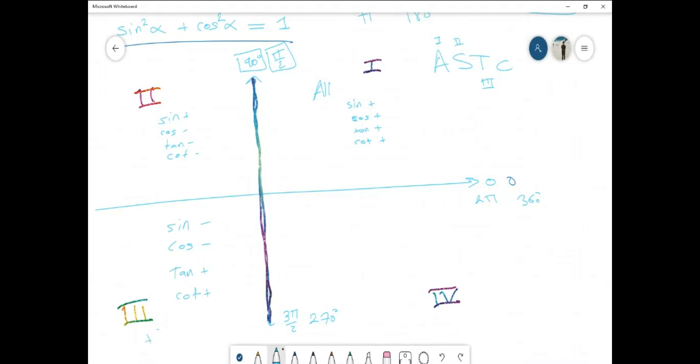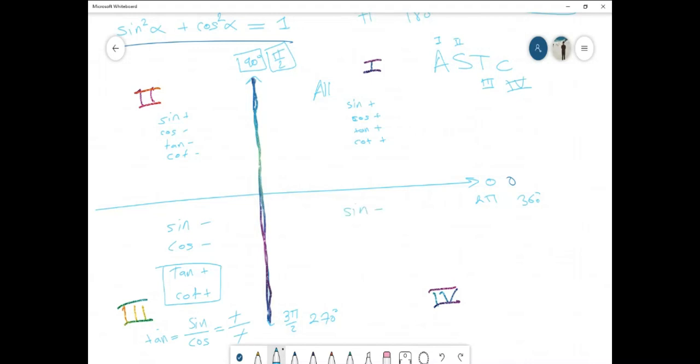Sine is negative. Tangent is positive. And cotangent alpha or cotangent theta is positive as well. Why? Because tangent is equal to sine over cosine. If the sine is negative and the cosine is negative, negative over negative is positive. That's why this is positive.